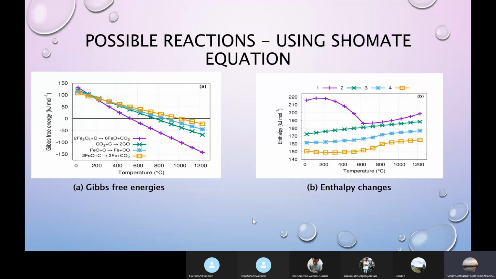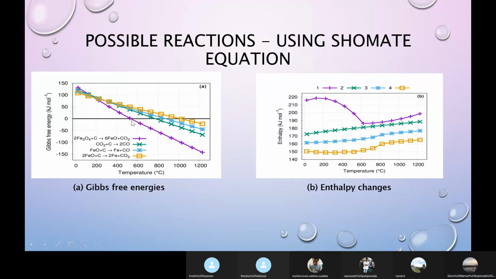This graph was made using the Shomate equation. The relationship of these thermodynamic quantities to temperature is shown in the figure. The first stage of the reduction will correspond to the equation displayed. Do you see the reaction?